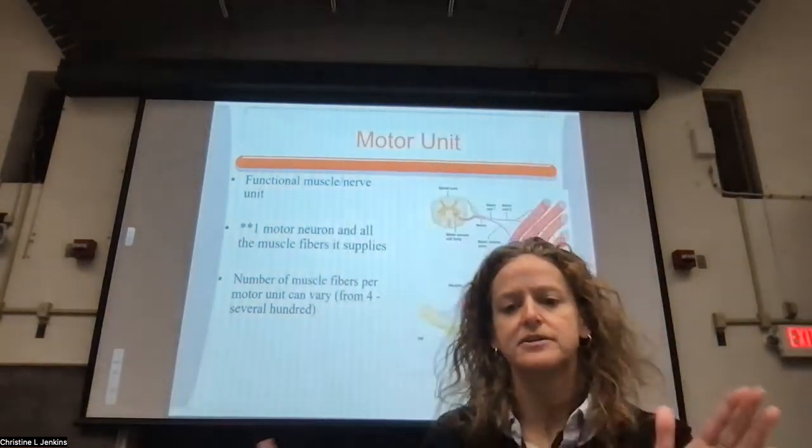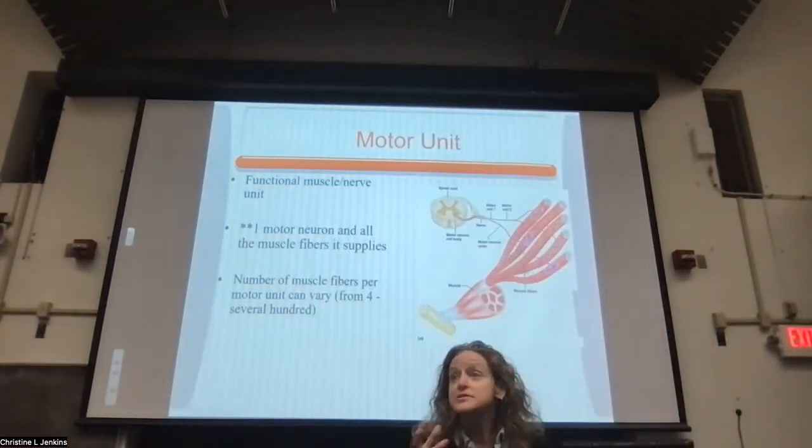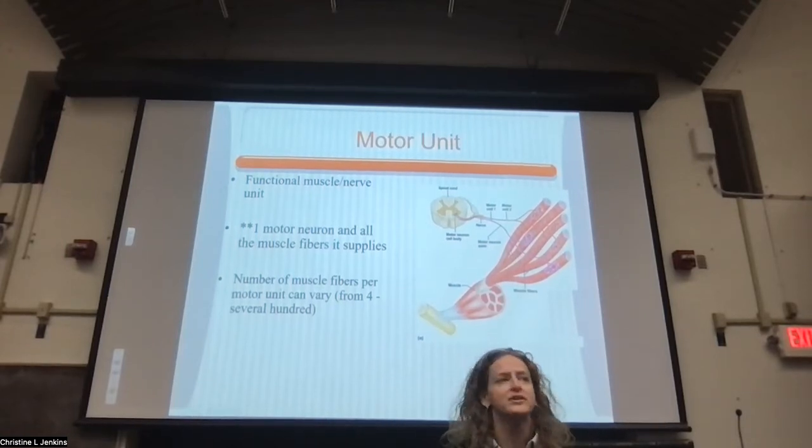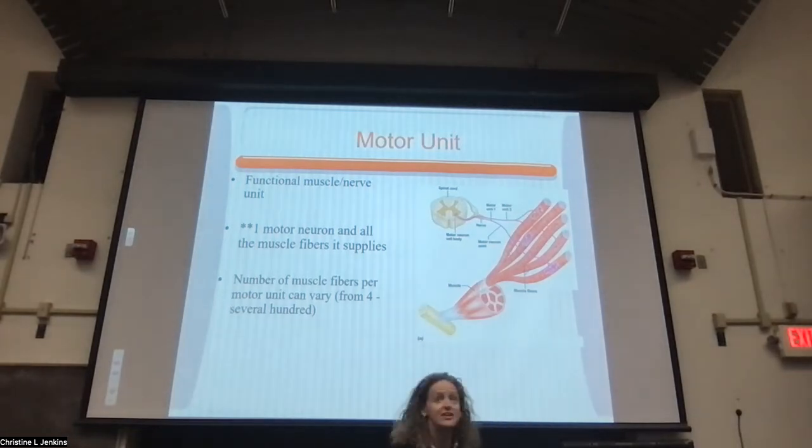All right, perfect. So sometimes we want large motor units, like in big muscles. Think about your quads. I can have one nerve that supplies 200 muscle fibers, which means that I only have to send nerve impulses down that one nerve to stimulate 200 muscle fibers.